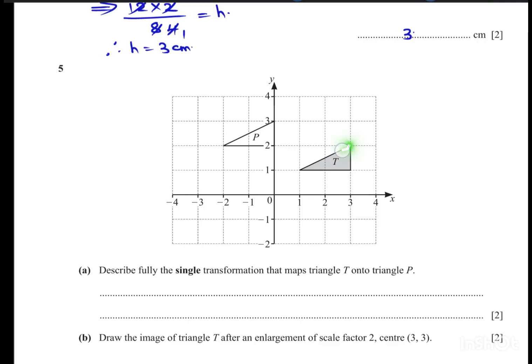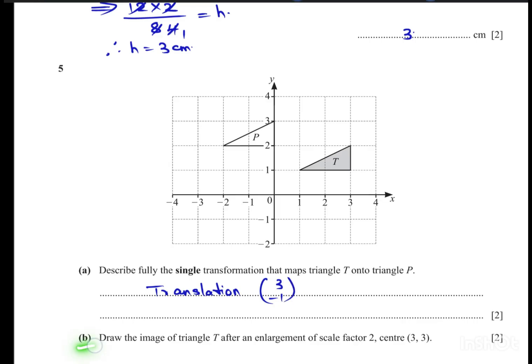When you count the movement on the left side, 1 2 3 and up, so -3 and 1 will be the vector. 3 movements left and 1 movement up, it is -3 and 1, positive 1. So you will write here translation and vector (-3, 1).